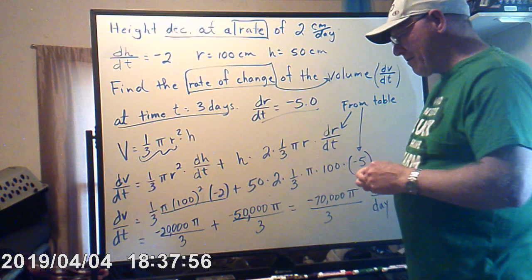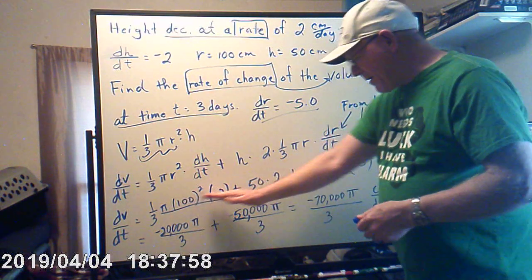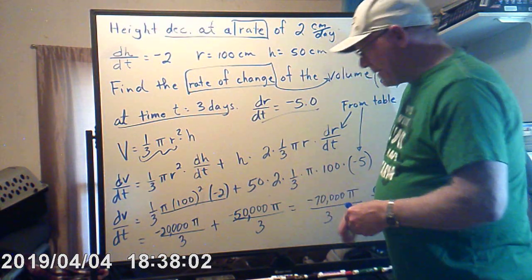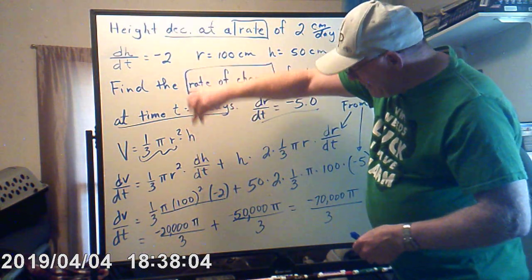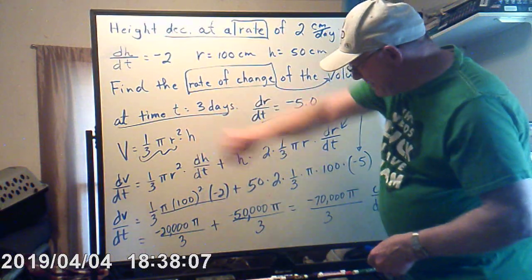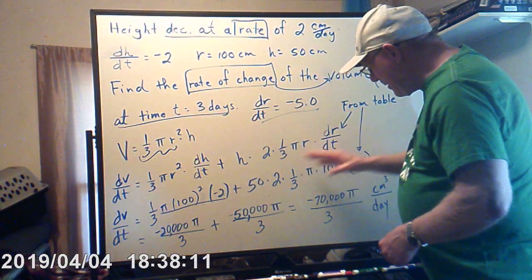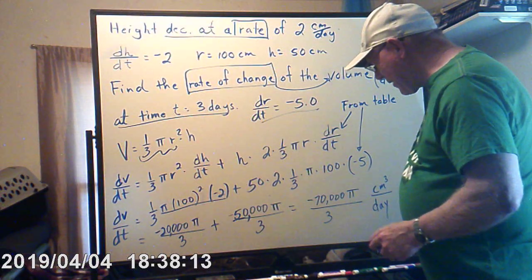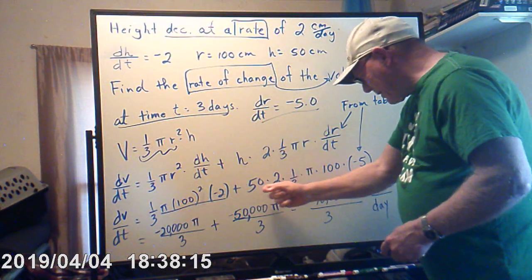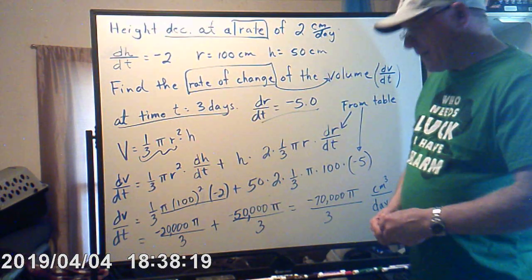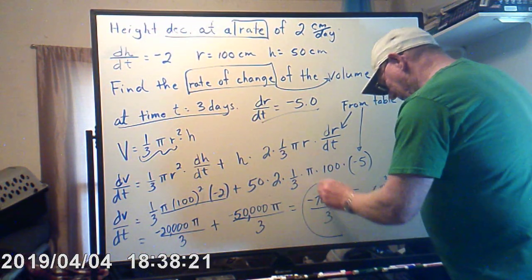Remember how to do it by the product rule. And then again, h is really dh over dt. This one now is dr over dt when you take the derivative there. Then just plug the numbers in, put them all together, and that is the answer.